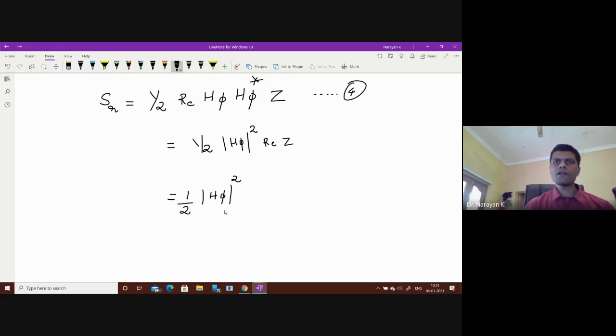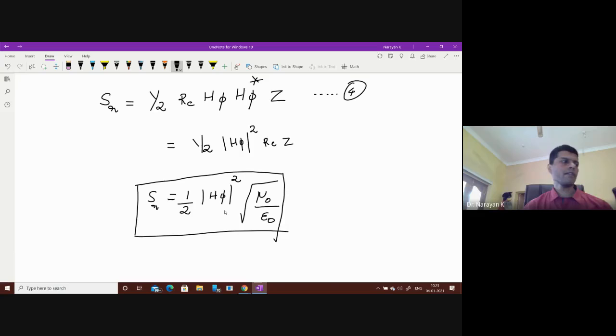What is the real part? This Z can be written as the intrinsic impedance of free space, which is nothing but square root of mu naught by epsilon naught. This is your final equation for your radial component of Poynting vector.